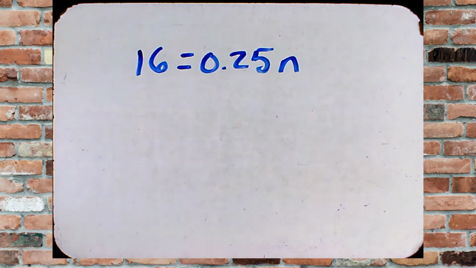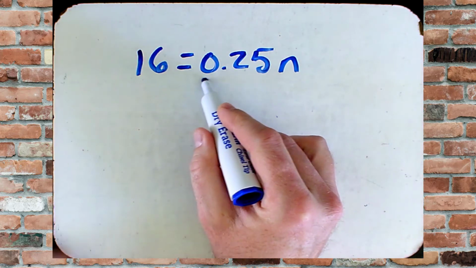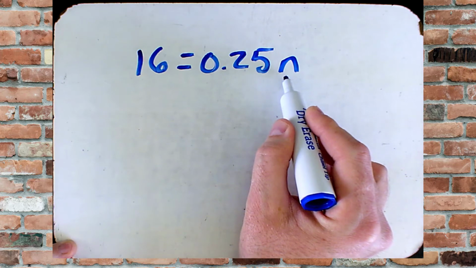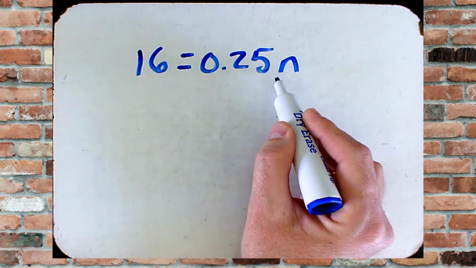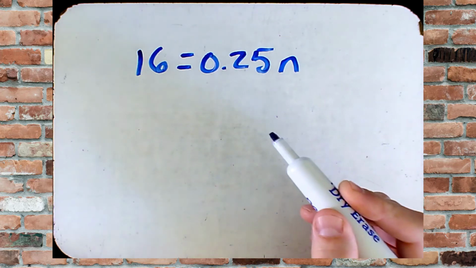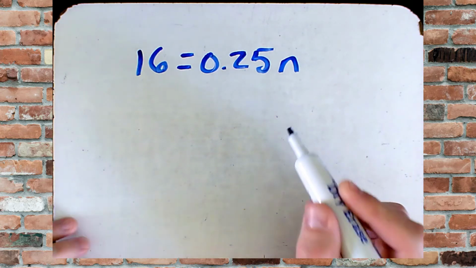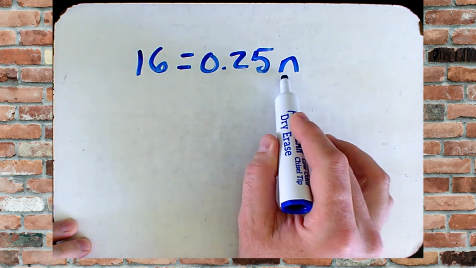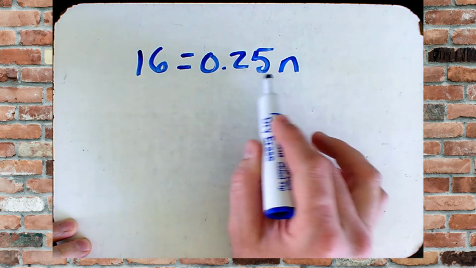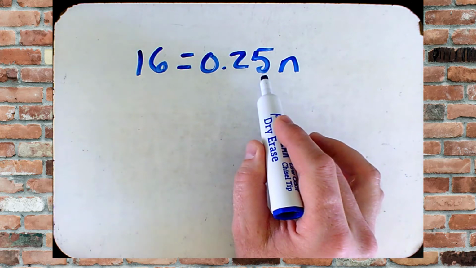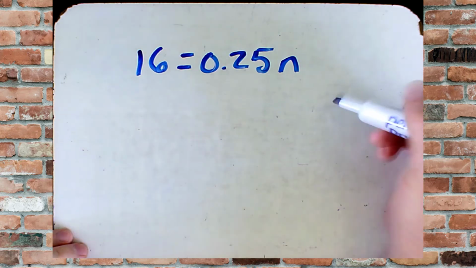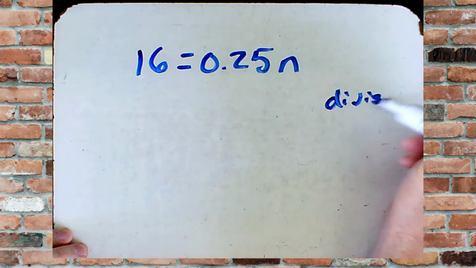And so we learned in a previous lesson that in order to solve a multiplication equation like we have here, we're going to use the inverse operation, or the opposite operation. So since we're multiplying the variable by 0.25, we're going to use the inverse operation of division to help us solve it.